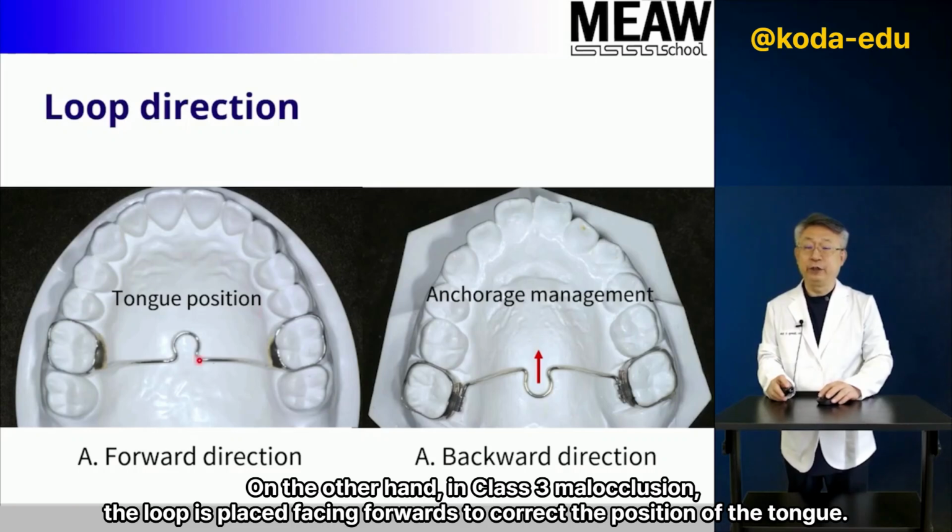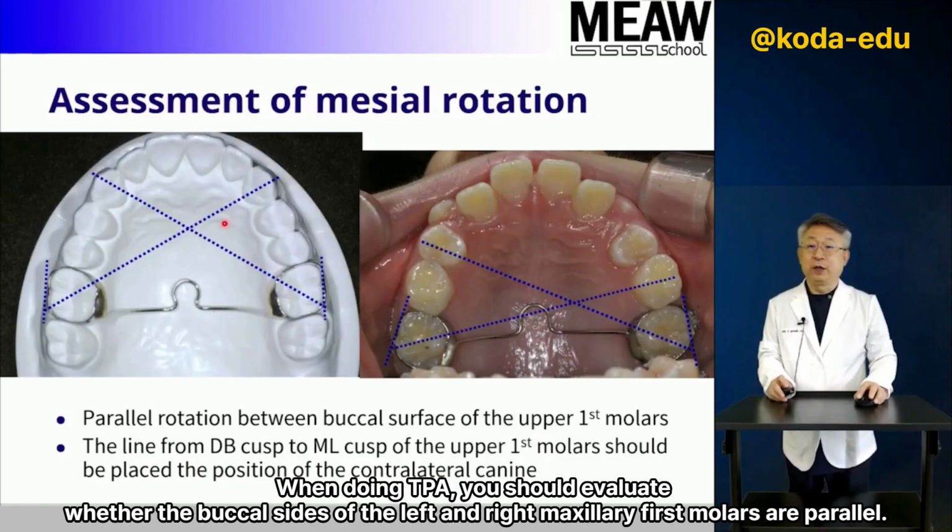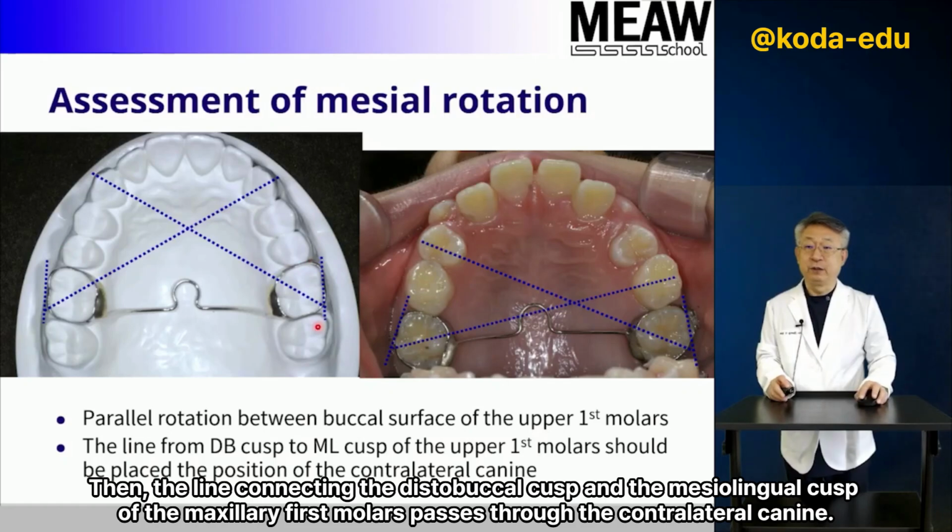On the other hand, in class 3 malocclusion, the loop is placed facing forwards to correct the position of the tongue. When doing TPA, you should evaluate whether the buccal sides of the left and right maxillary first molars are parallel. Then, the line connecting the distobuccal cusp and the mesiolingual cusp of the maxillary first molars passes through the contralateral canine.